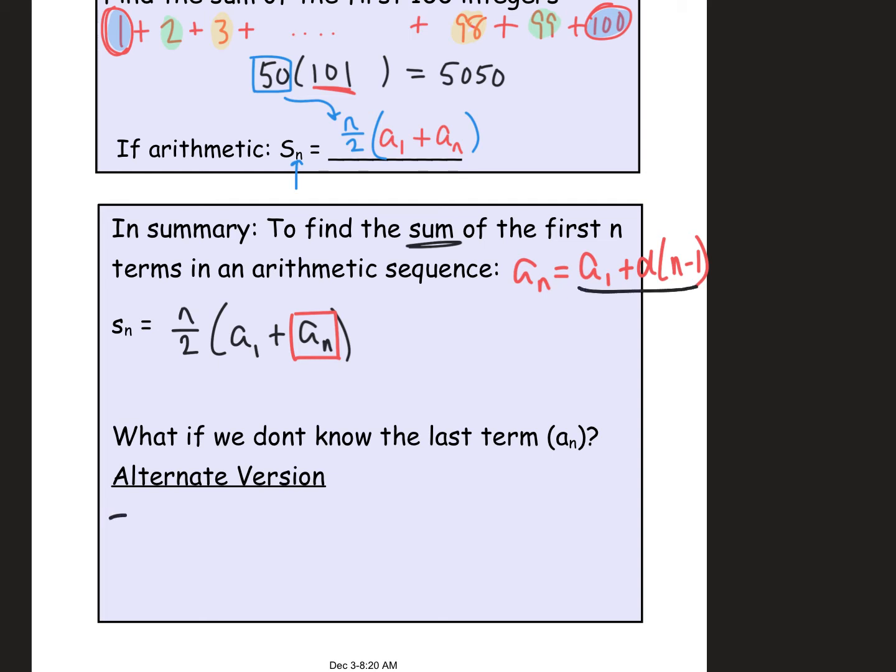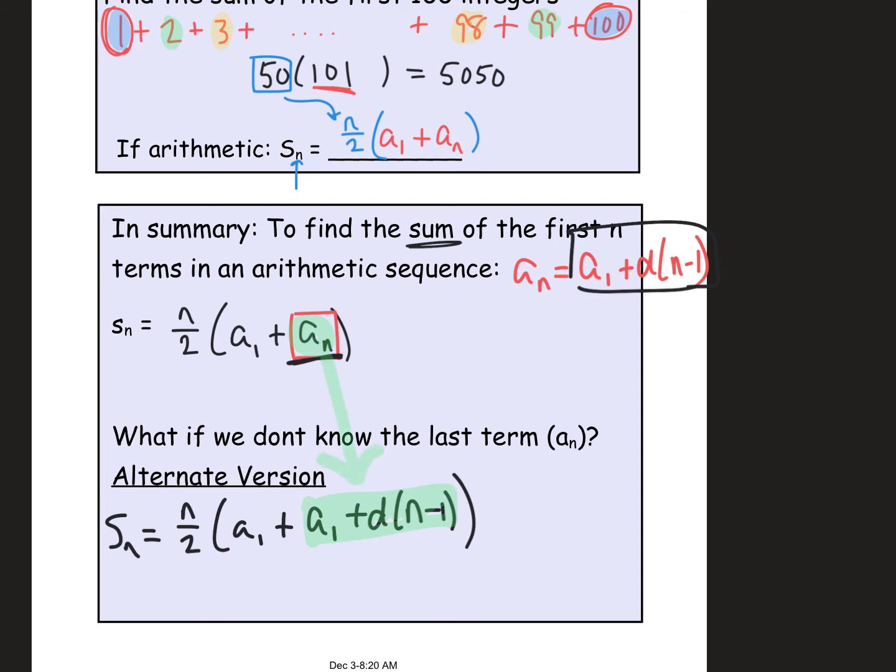So it could be S sub n equals n over 2 times a1 plus, now instead of a n here, I'm going to write this entire formula, a1 plus d times n minus 1. And again, make sure we're making that connection. The a sub n is really just equivalent to this. So just doing a little substitution.